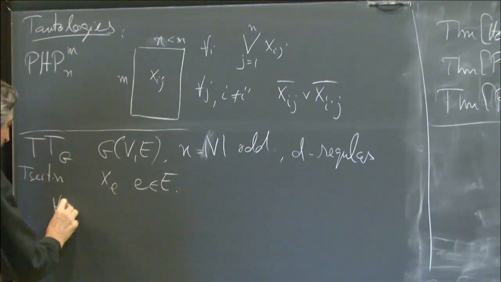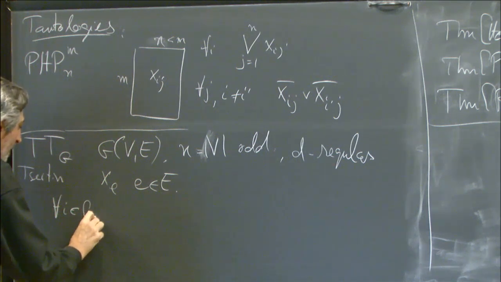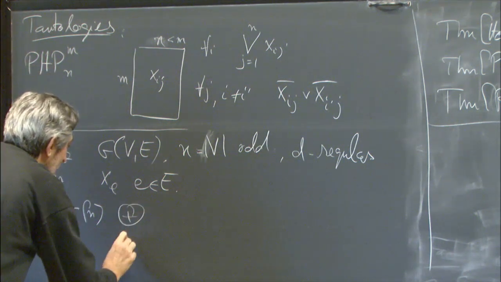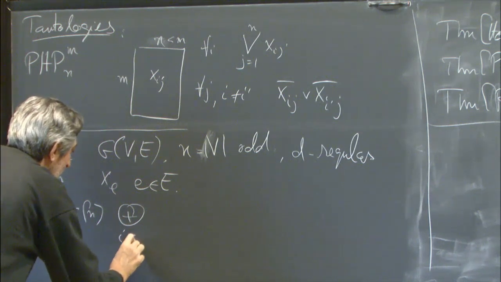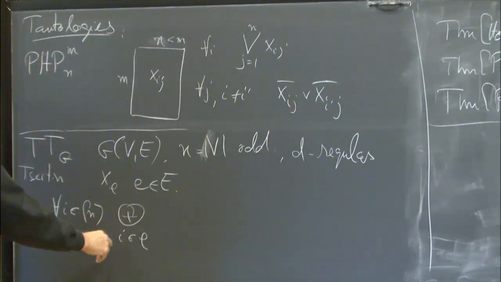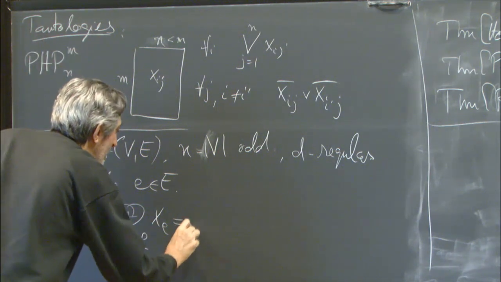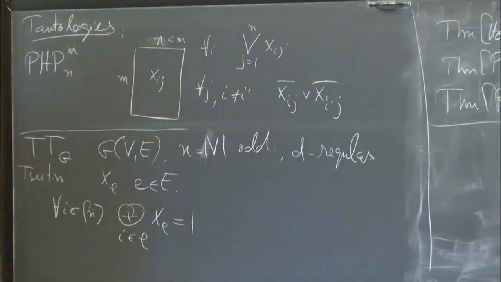For every vertex I, you have the condition that the exclusive OR of the variables on the edges touching I is 1. Okay? So the parity over all edges E touching I, of XE, is 1. So you have this for every I.